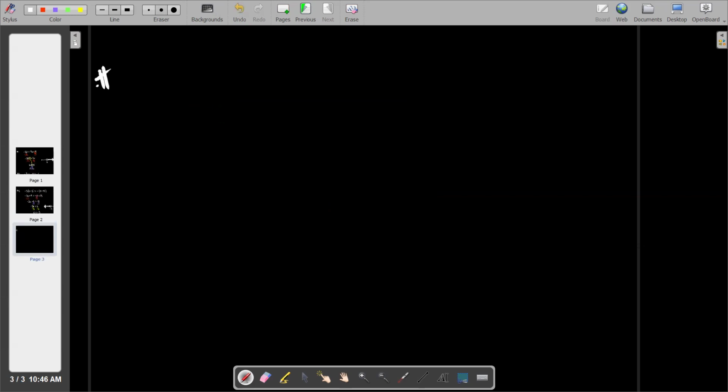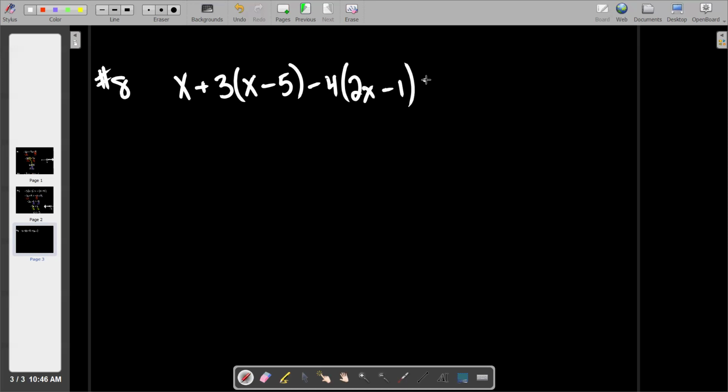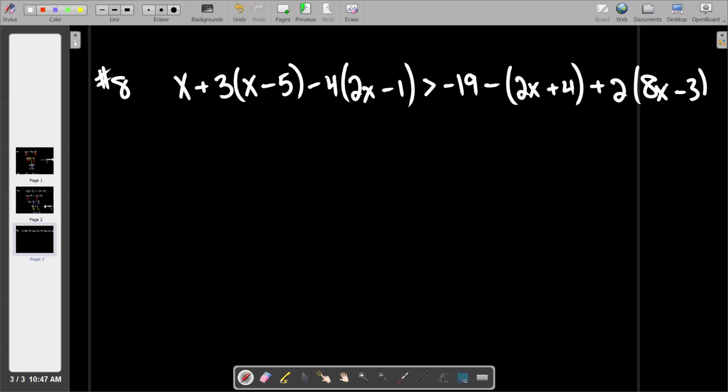Question number 8. You might want to leave yourself some room. This one's a little bit lengthy. So here we go. So we have x plus 3 times the quantity of x minus 5 minus 4 times the quantity of 2x minus 1 is greater than negative 19 minus the quantity of 2x plus 4 plus 2 times the quantity of 8x minus 3.